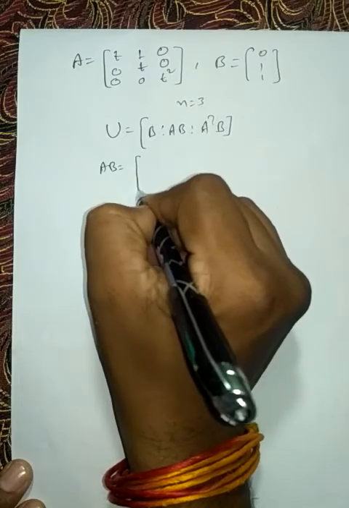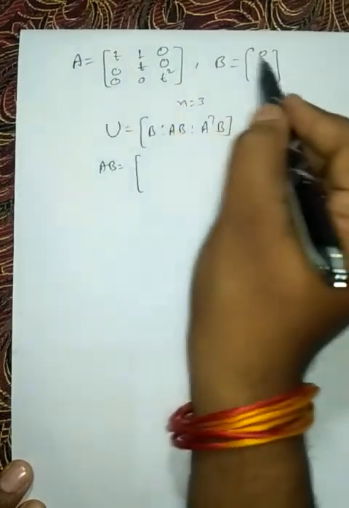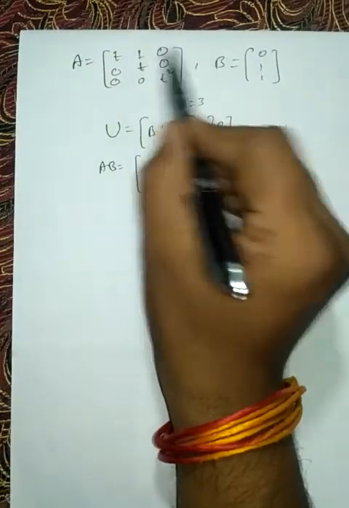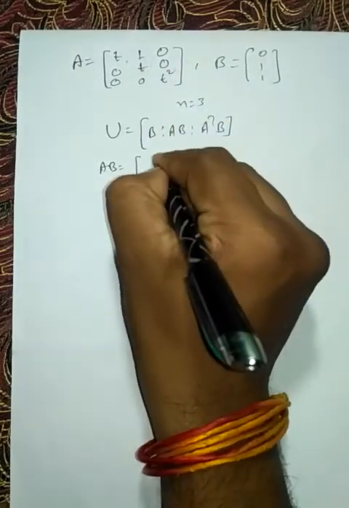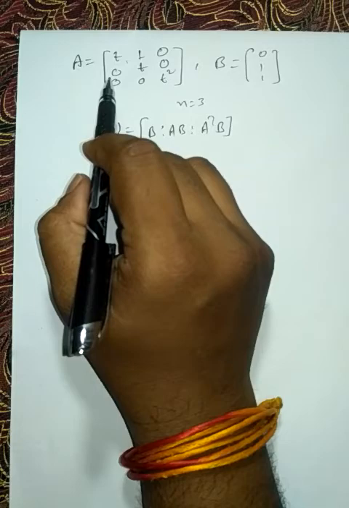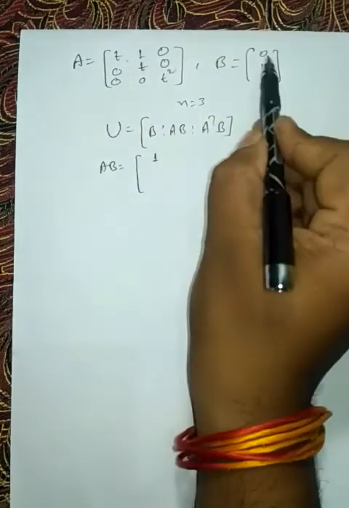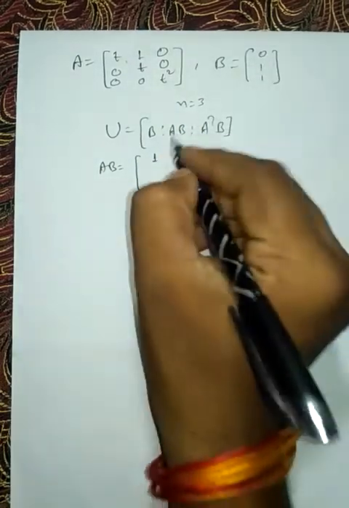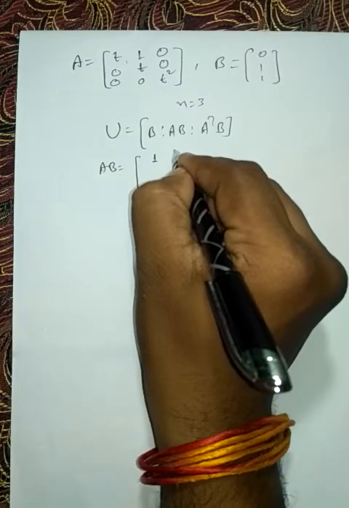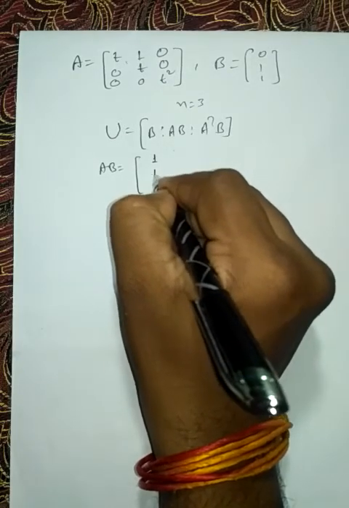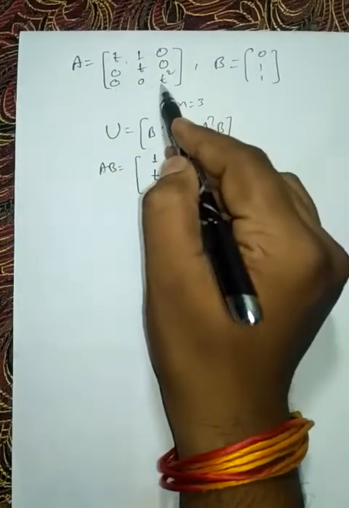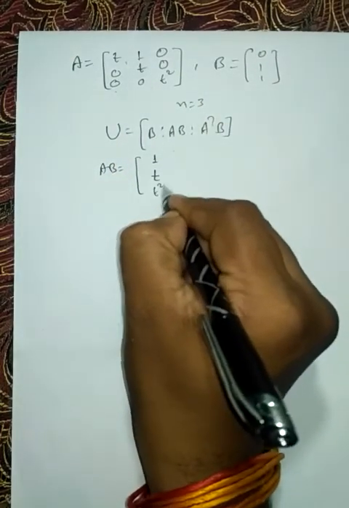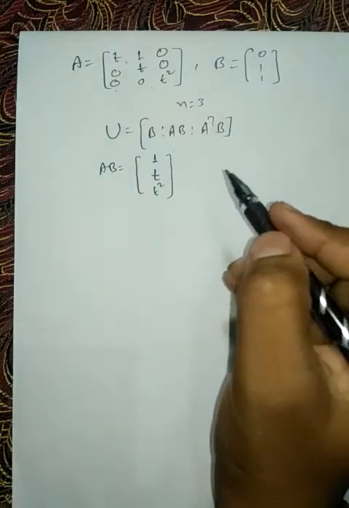Multiplying these matrices gives 1 for the first row, T for the second, and T square for the third. This is matrix AB.